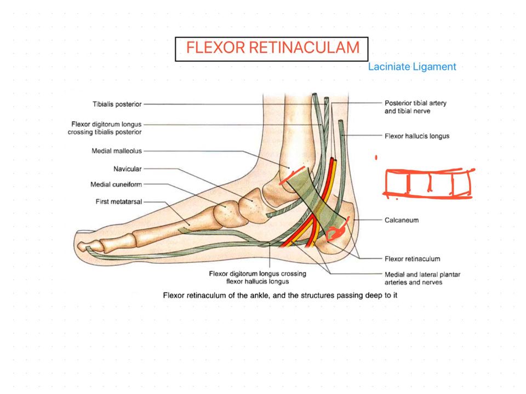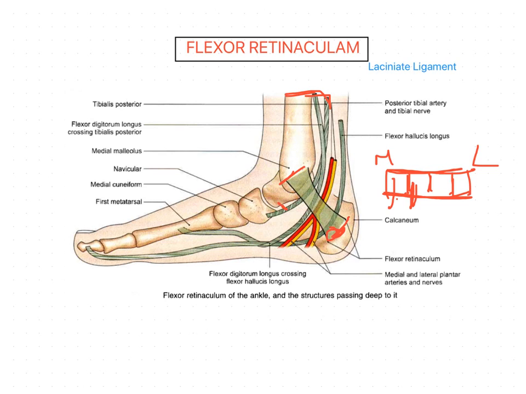From medial to lateral side, the structures which are passing through these compartments are: in the first one, the tendon of tibialis posterior. The next one is the flexor digitorum longus.